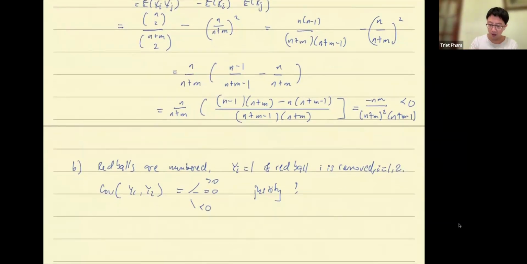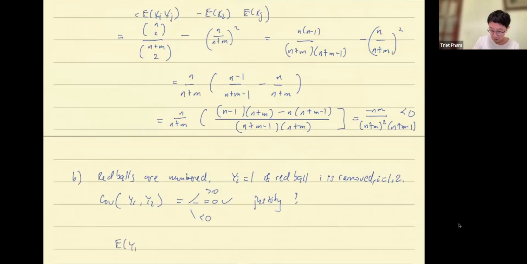Here, I guessed 0. Based on what? Because the balls are numbered. Therefore, one red ball being removed does not have an effect on another particular red ball being removed. Okay, it's a guess. But let's see if the calculation justifies it.